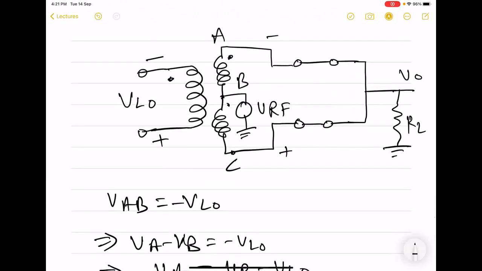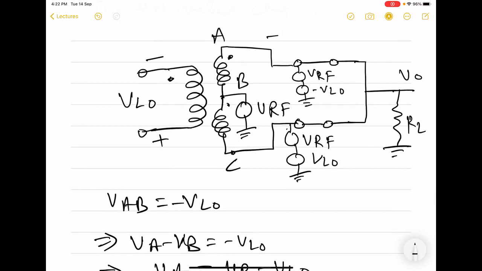So here we have two voltages. This is VRF and this is minus VLO, and here we again have two sources. One is VRF and the other is VLO.